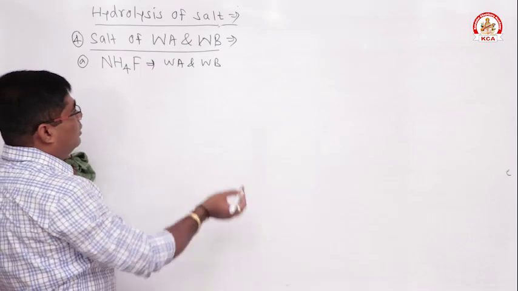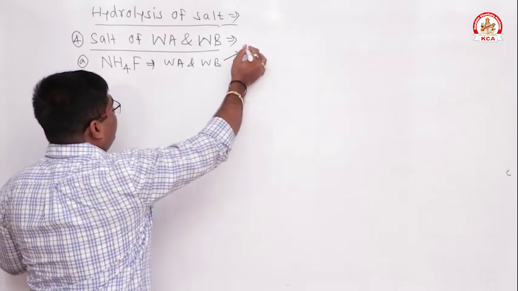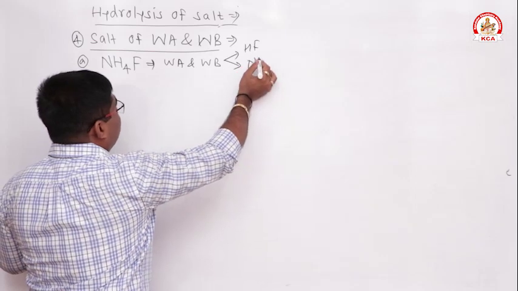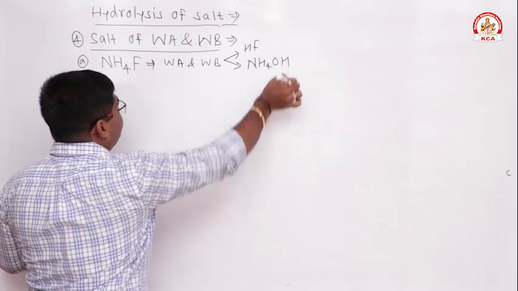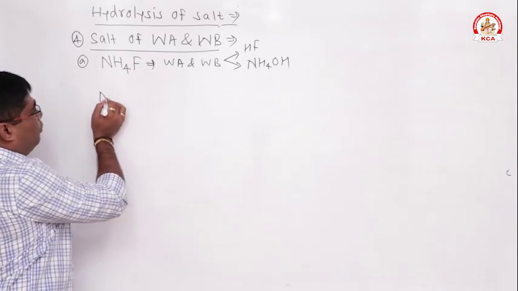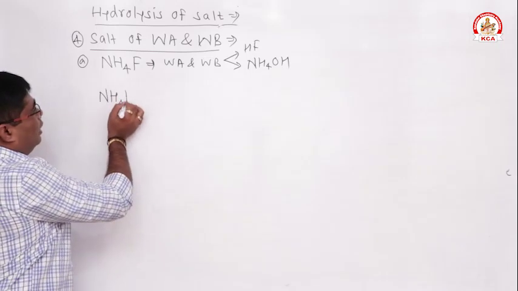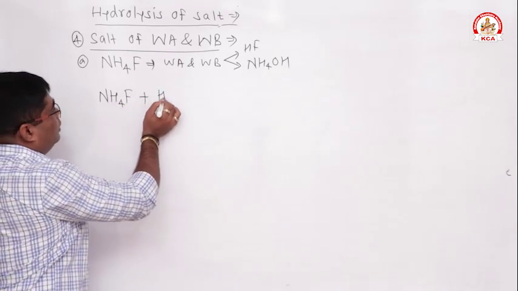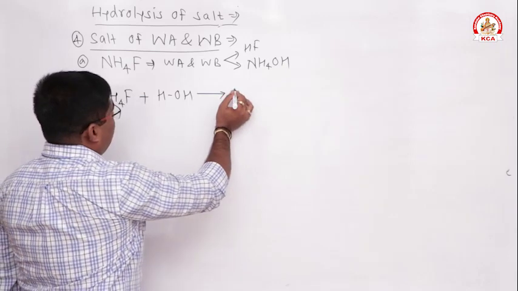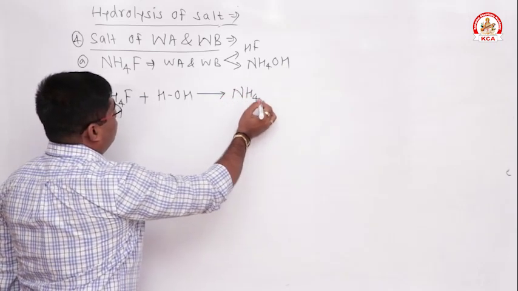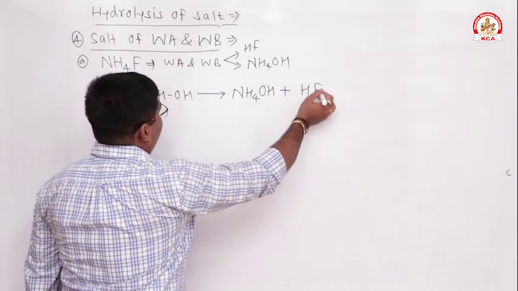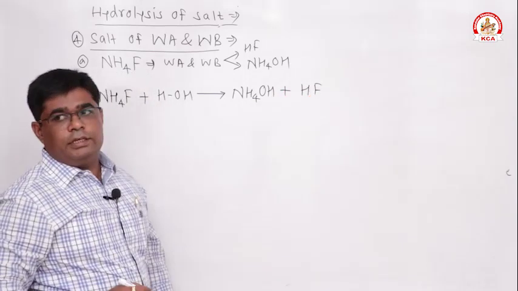Here weak acid is HF and weak base is NH4OH. Now see this one. NH4F, ammonium fluoride, reacts with water, it gives NH4OH and HF.